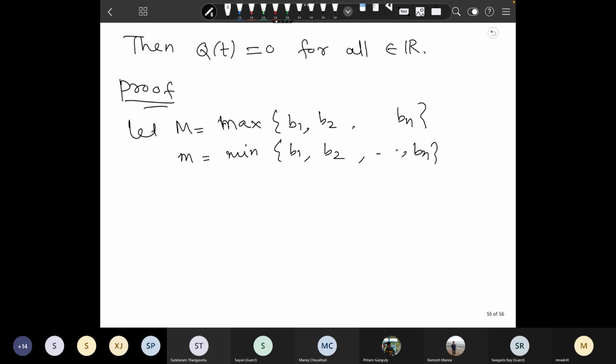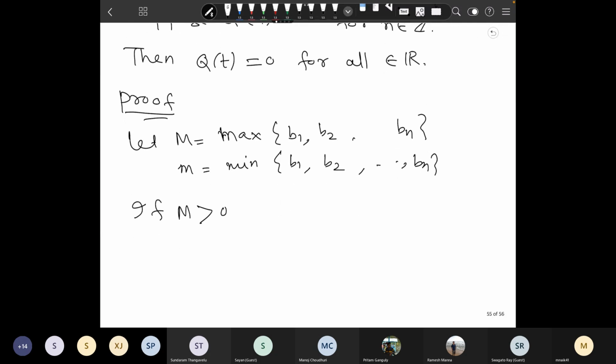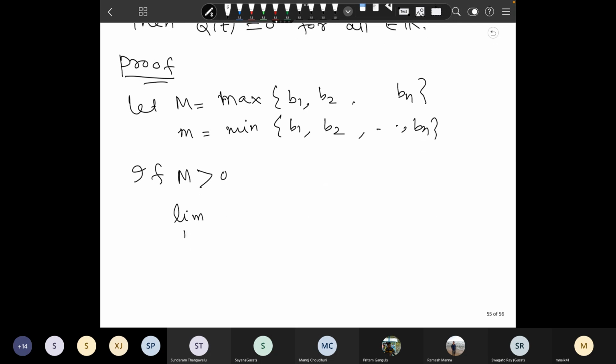Okay. So now if M is greater than 0, this maximum is greater than 0, then I take the limit n tends to infinity of mod of Q(n). Remember, this will behave like e^(Mt), where M is the maximum of b1, b2, ..., bn. So that will imply the limit n tends to infinity of mod of Q(n) is equal to infinity.